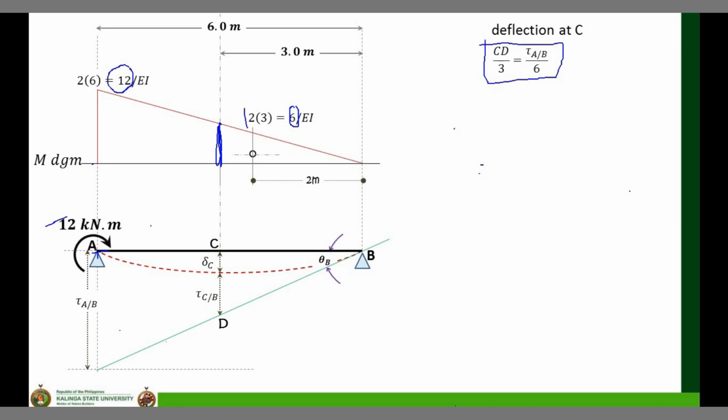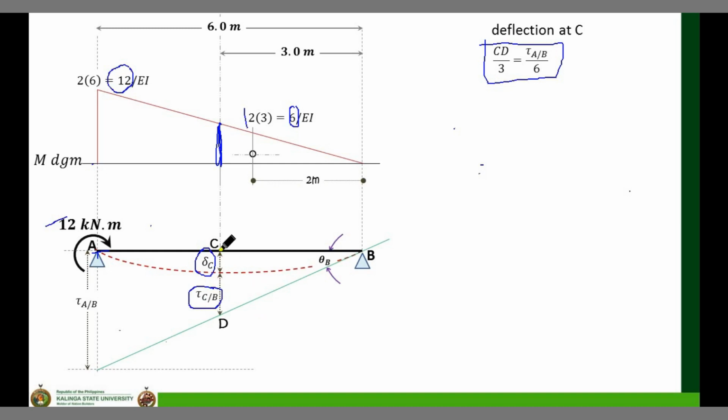Okay. For the deflection of C, I need the value of the distance CD and the deviation CB.